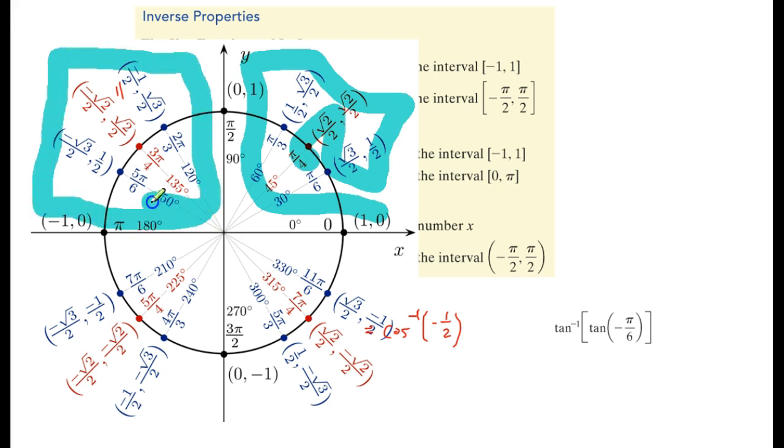Remember, we had to restrict the sine, cosine and tangent functions because of the repetition. We had to restrict those to have these things be functions, for there only to be one output. So within these two, where do I get negative a half for cosine? I get it right there in quadrant 2 at 2 pi over 3.